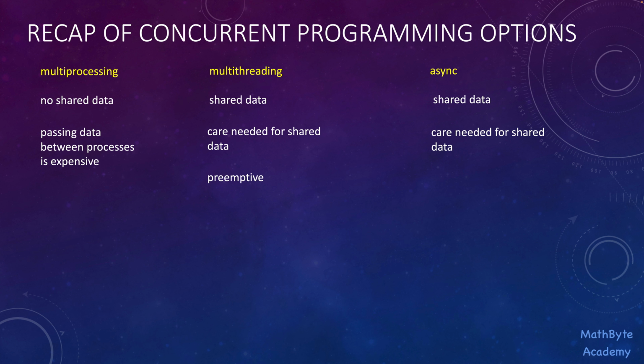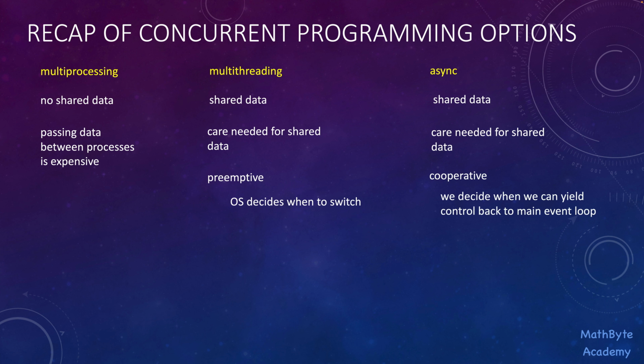Multithreading is preemptive, which means the operating system decides when to switch. So you have to be really careful when you're writing code because it could get paused at any time. And especially with shared data, you can run into problems real quick. With async, though, being cooperative, we decide when we yield control back to the main event loop. So we have a little bit more control over when that happens.